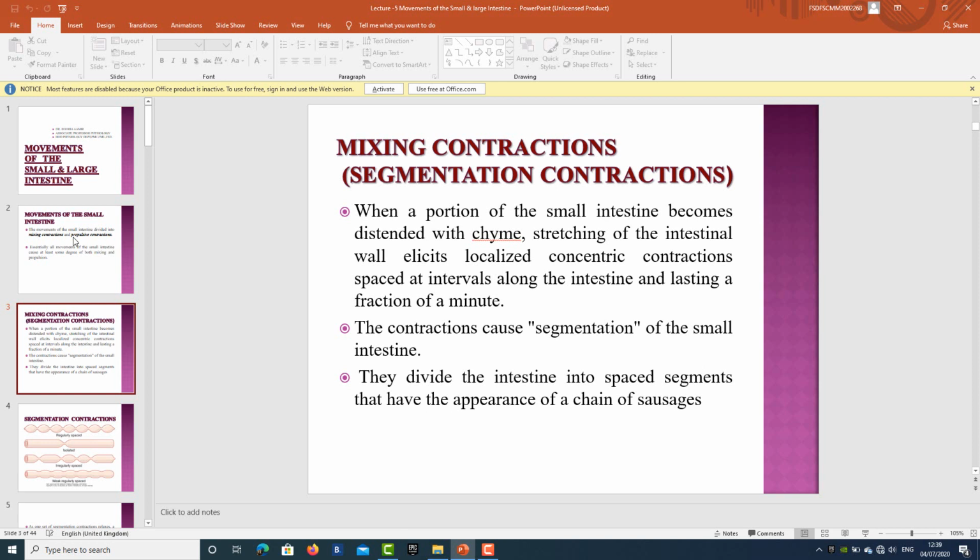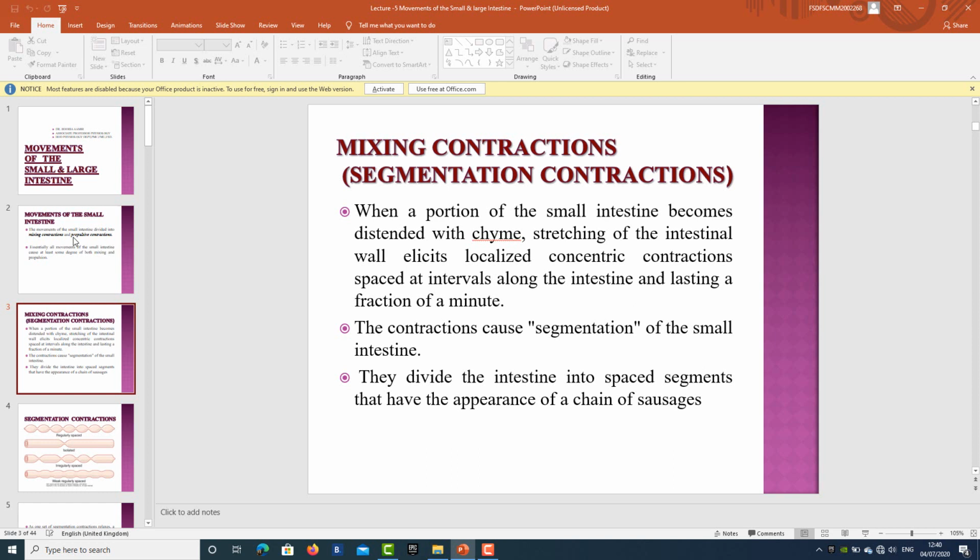Now, mixing contractions, or you can say the segmentation contractions: when a portion of the small intestine becomes distended with chyme, stretching of the intestinal wall elicits localized concentric contractions spaced at intervals along the intestine and lasting a fraction of a minute.